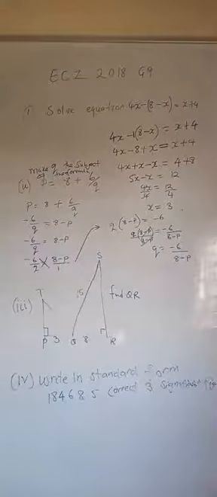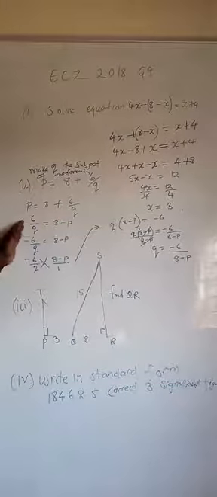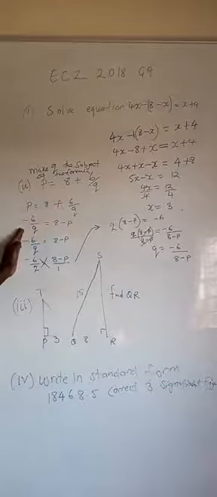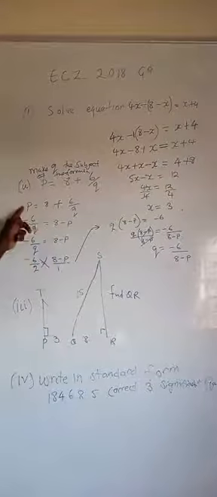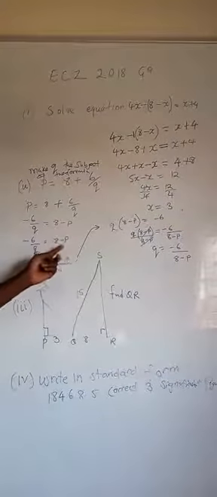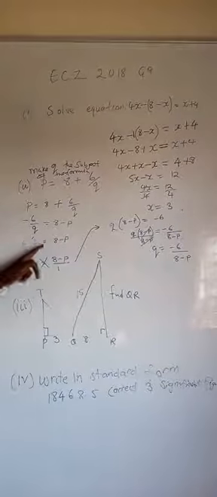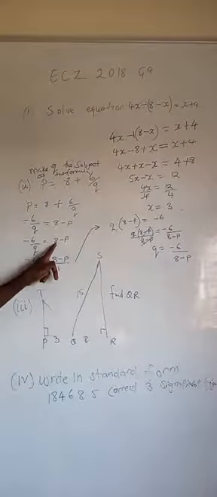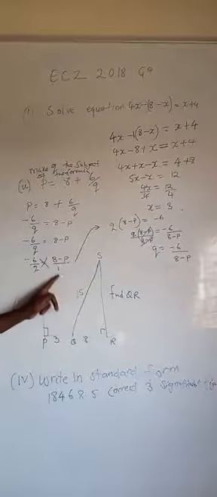That is the answer. Have you seen the way we have solved it? How did we solve it? This one went this side, it was positive, it became negative. 8 has remained here, this is positive P. When it crosses, it becomes negative P. When you reach here, you're trying to make Q the subject. You assume there is an invisible one. So you put an invisible one like this.